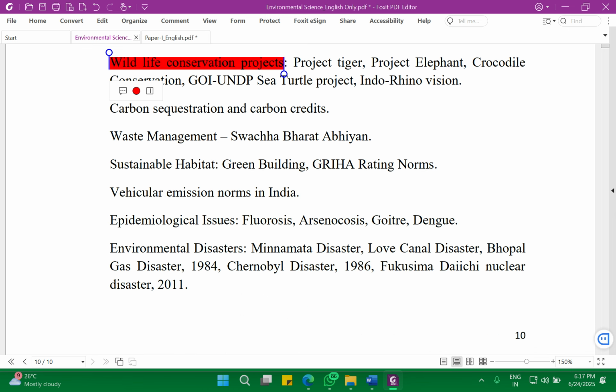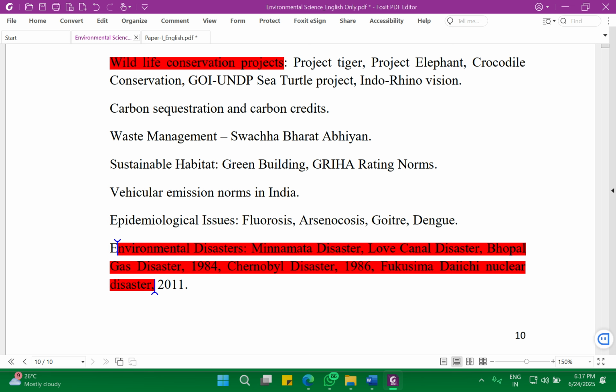Then from the disasters, definitely one question will come: Minamata, Love Canal, then the Bhopal gas tragedy. The Bhopal gas tragedy is due to methyl isocyanate gas leakage. Minamata due to mercury. Chernobyl again due to the blasting of the nuclear power plant. Then Fukushima also, it is the same, a nuclear disaster. So those kinds of things you need to know.